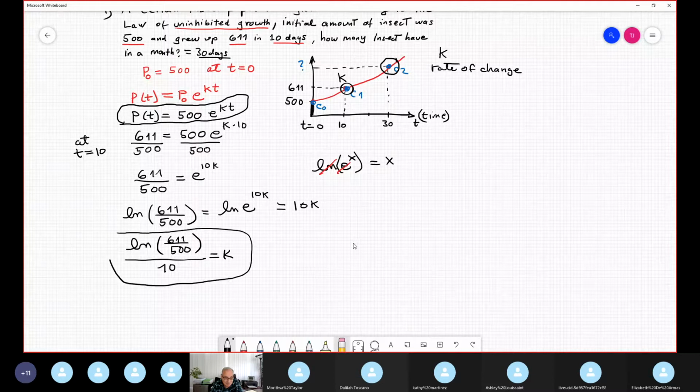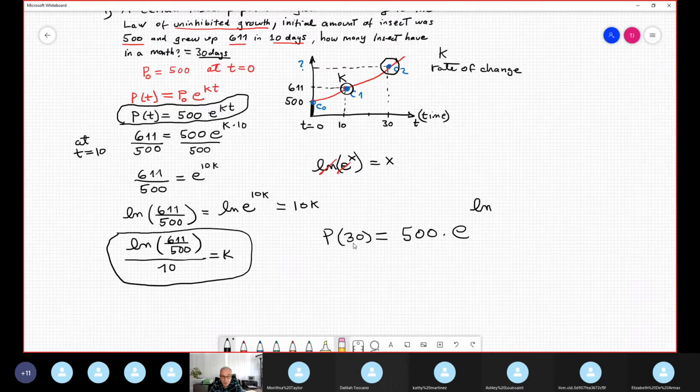So population at 30 days is equal to 500 times exponential k, k is this, you put it in here, and in the exponent you put natural logarithm of 611 over 500 divided by 10. Everything this is the exponent. Look, this is k, and this is 30.